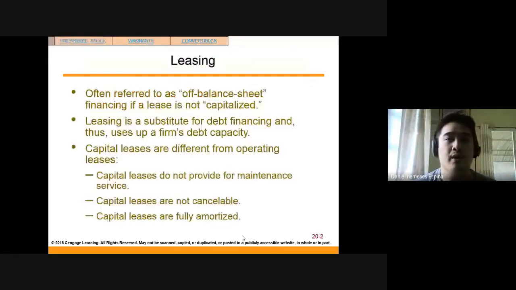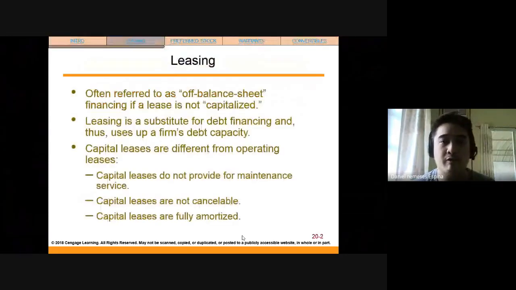So if you recall in your financial accounting, the leases are classified into two: operating lease and the capital lease or finance lease. Okay, so the reason why it is classified as operating or capital lease is because there are leases that maximize the total benefit from those assets.